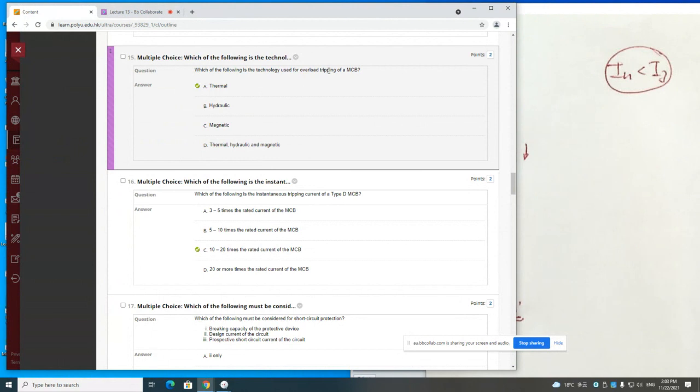For overload tripping, we cannot use a hydraulic. You never find a circuit breaker with hydraulic technology. And the magnet is just for the short circuit protection, not for the overload protection.